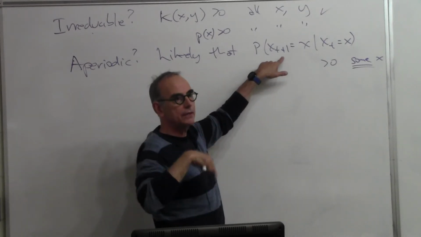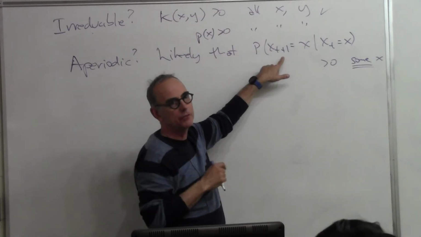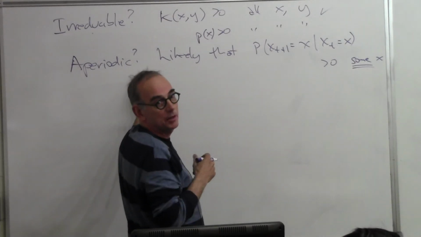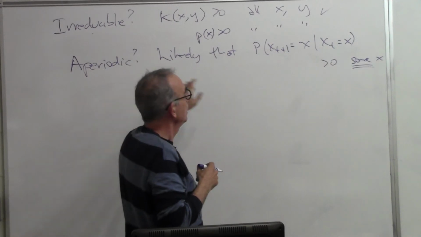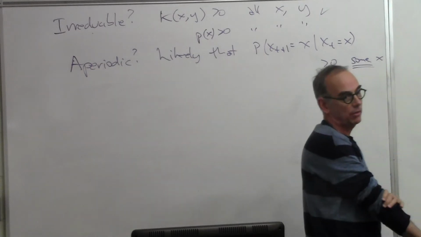So the probability of staying still, if at one point x is positive, it's aperiodic. Just look at the definition. So this is not very important, aperiodicity, but you might like to know it. The fact that you sometimes get stuck gives you aperiodicity.